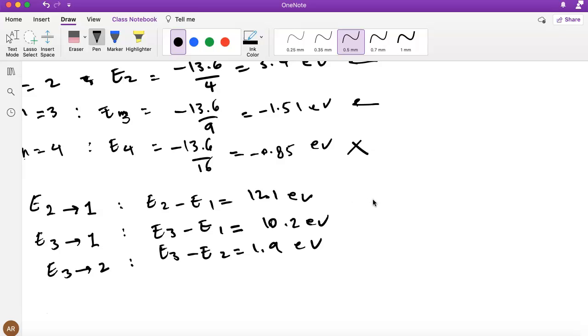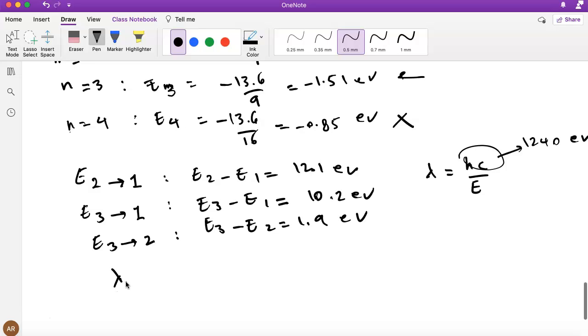Okay, so lambda is hc over E, right? E over h is the frequency, and c over the frequency is the wavelength. And hc, it turns out in useful units, electron volts times nanometer, that's 1240 electron volt nanometer. So using this number, we can get lambdas in nanometers that are kind of useful.